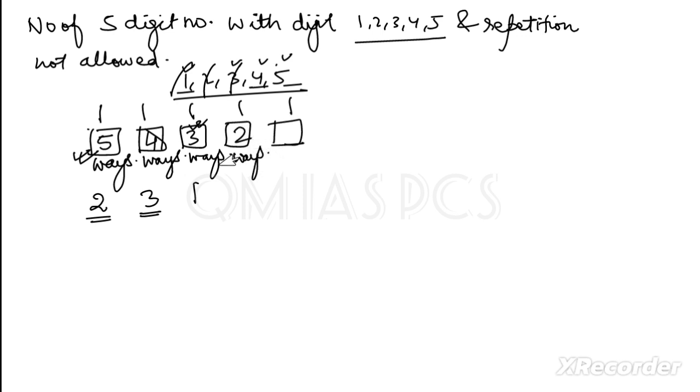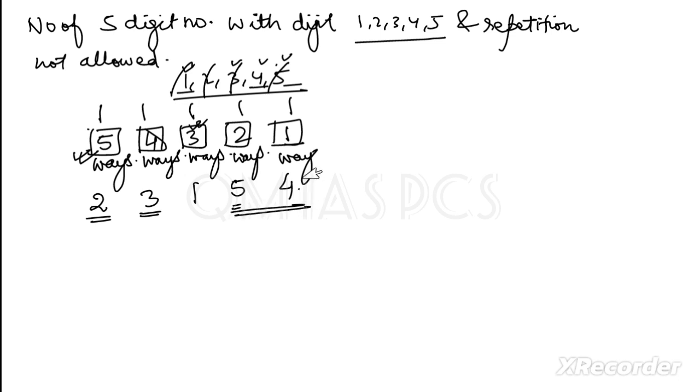We are writing 5. You can take any digit, I'm just giving you one example. So out of 2 ways, we are taking 1 way, that is 5. Now only 4 is left, so we can fill it in 1 way, it will be 4.